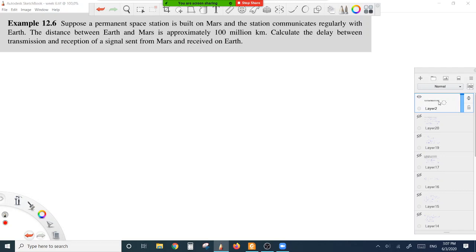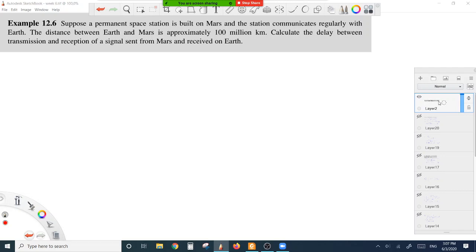The distance between Earth and Mars is approximately 100 million kilometers. Calculate the delay between transmission and reception of a signal sent from Mars and received on Earth.